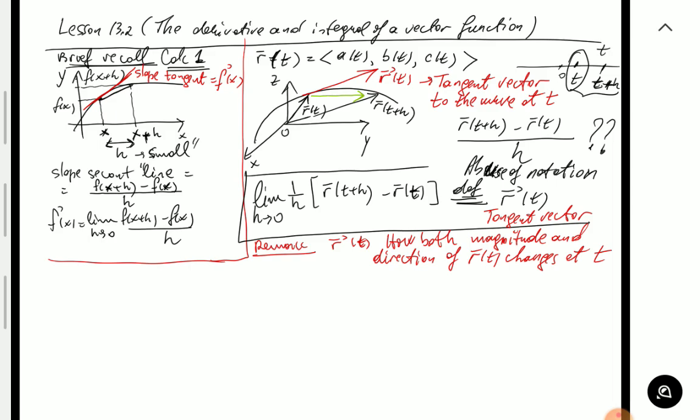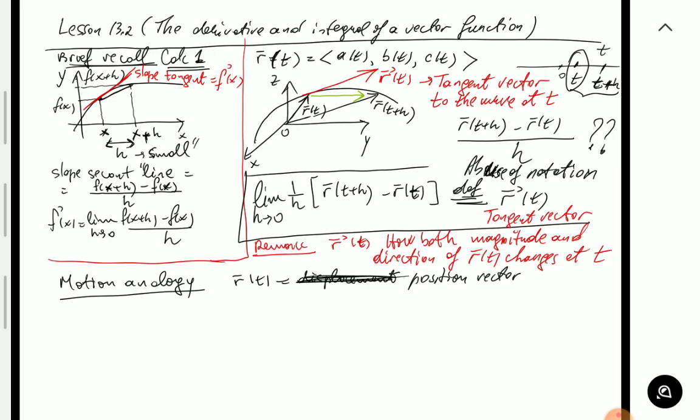To go back with the motion analogy, if r of t is the position vector, you can think of r prime of t as the velocity vector.